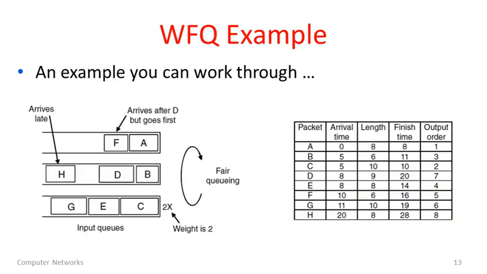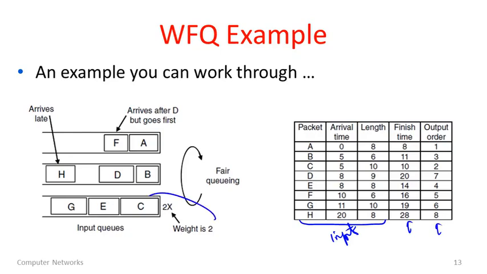Well, here's a more complicated example. I'm not going to work through it now in this short lecture, but it's taken from your text. You can work through this example yourself. The table here has all of the input data you need. These are the inputs: the packets, when they arrive and what their length is, and you can compute the finish times, and from the finish times the output order in which they should go on the link.